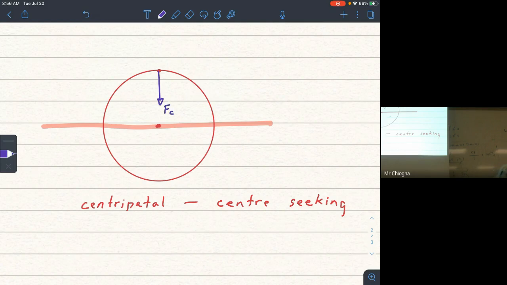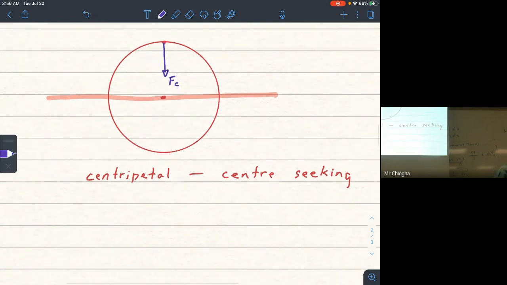Now, it is a net force. The C stands for centripetal, center-seeking force. Yes, it's in newtons, obviously. And it is a net force.